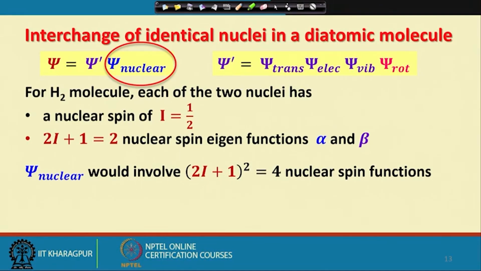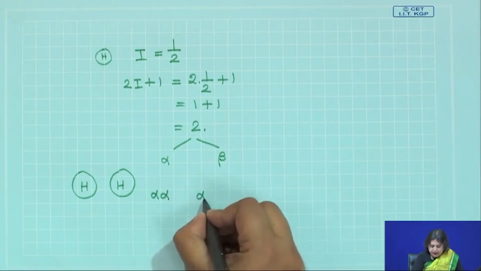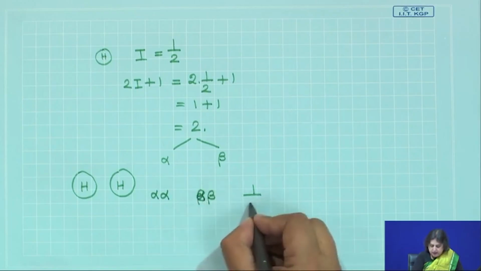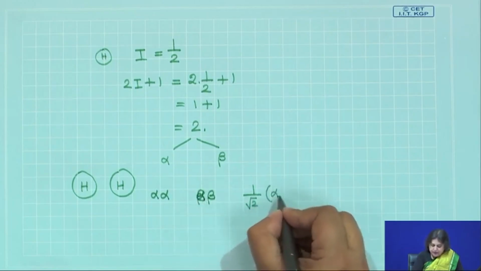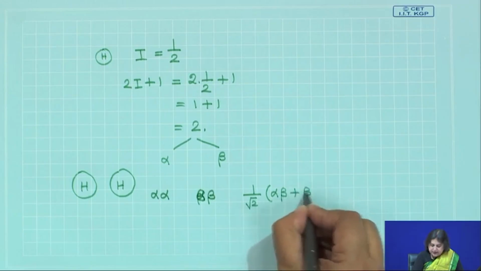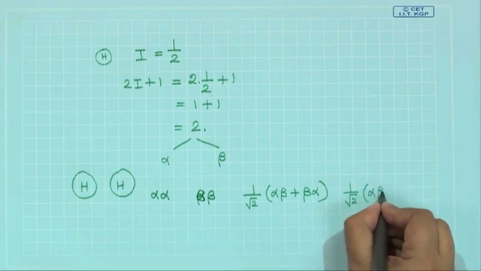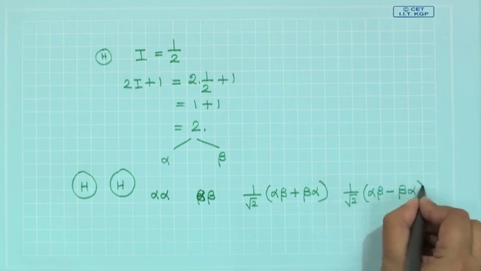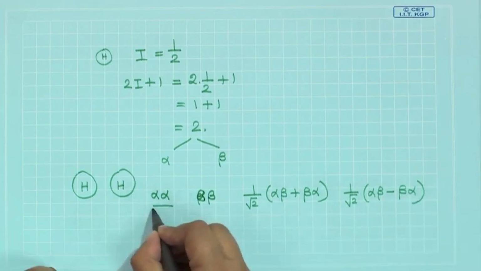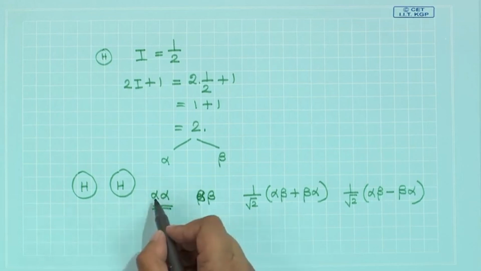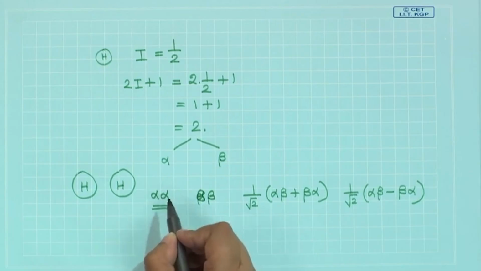It will involve 4 nuclear spin functions, and these are alpha alpha, beta beta, 1 by root 2 alpha beta plus beta alpha, and 1 by root 2 alpha beta minus beta alpha. So, the first means that nucleus 1 has spin wave function alpha and nucleus 2 also has spin wave function alpha.